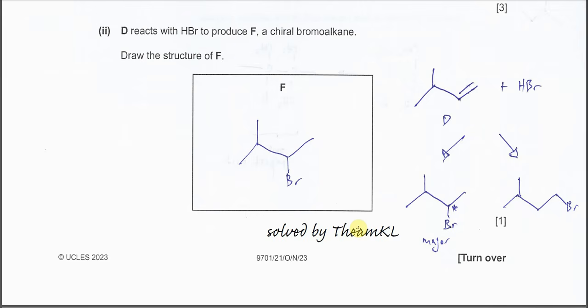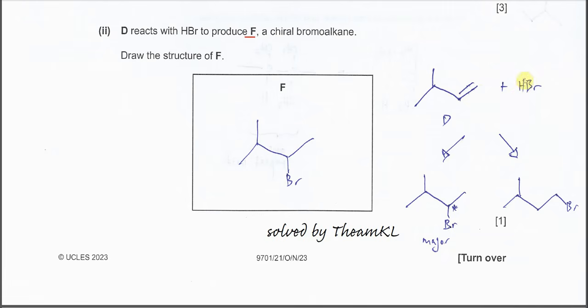Part 2. D reacts with HBr to produce F. A chiral bromoalkane is obtained, which means F is the chiral bromoalkane. Draw the structure of F. Before you put down the answer, it's better to at least draft and see which one can form a chiral compound.